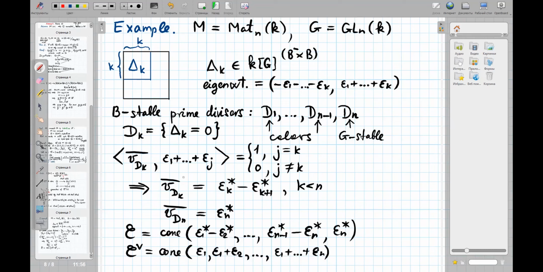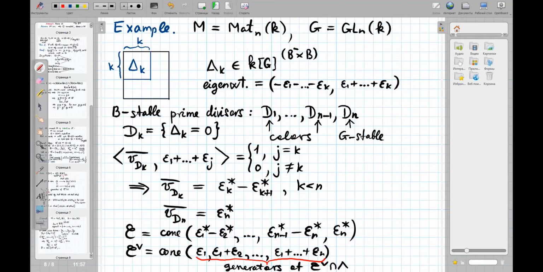Also, we can observe that these vectors generating the dual cone, the vectors on the rays of this cone, are exactly the generators of the semigroup C check intersect with lambda, the semigroup of lattice vectors in the dual cone.